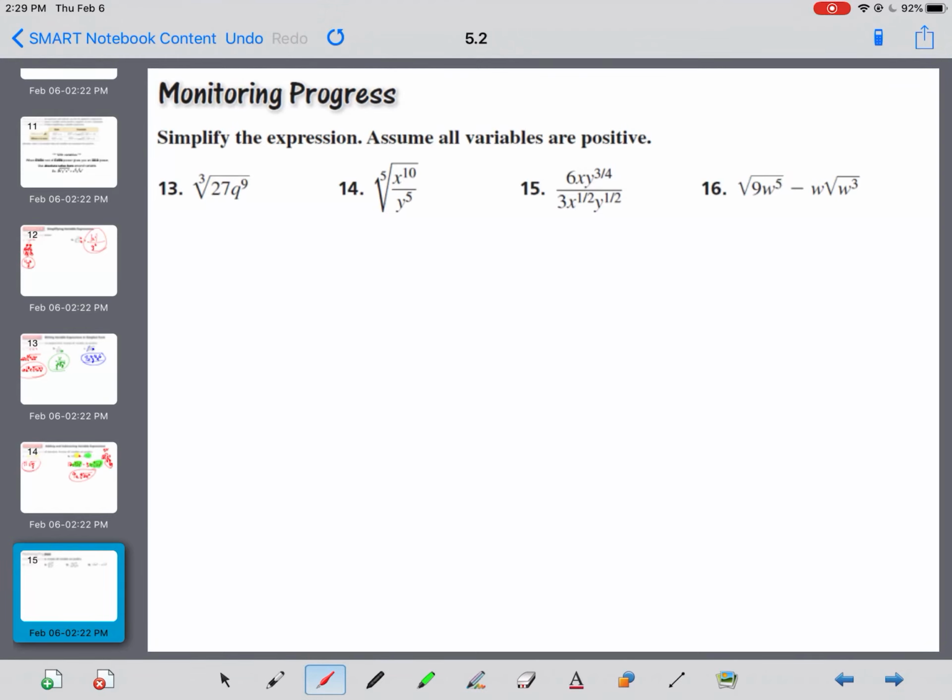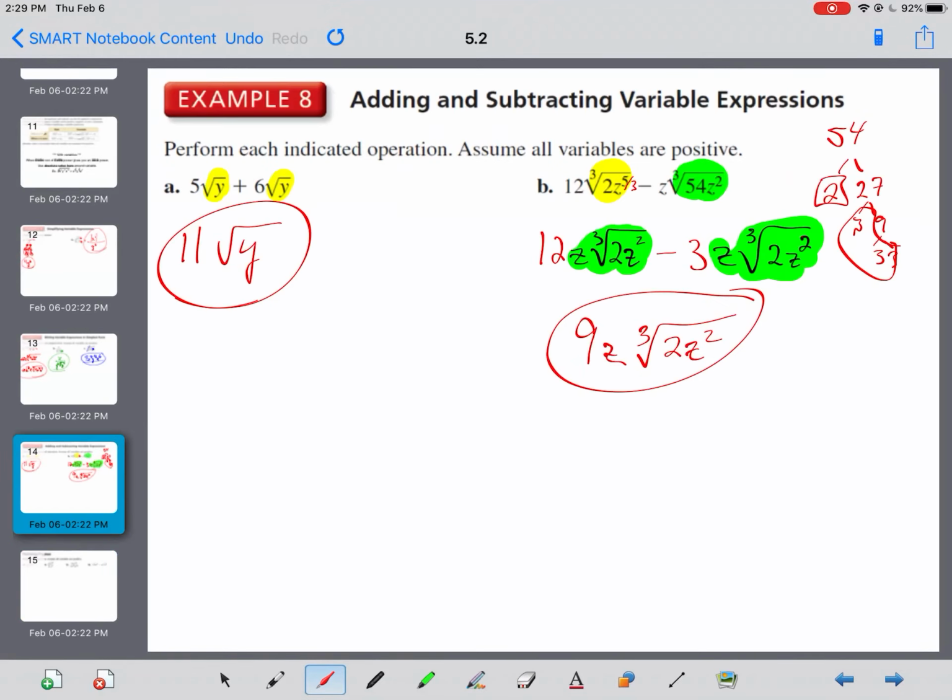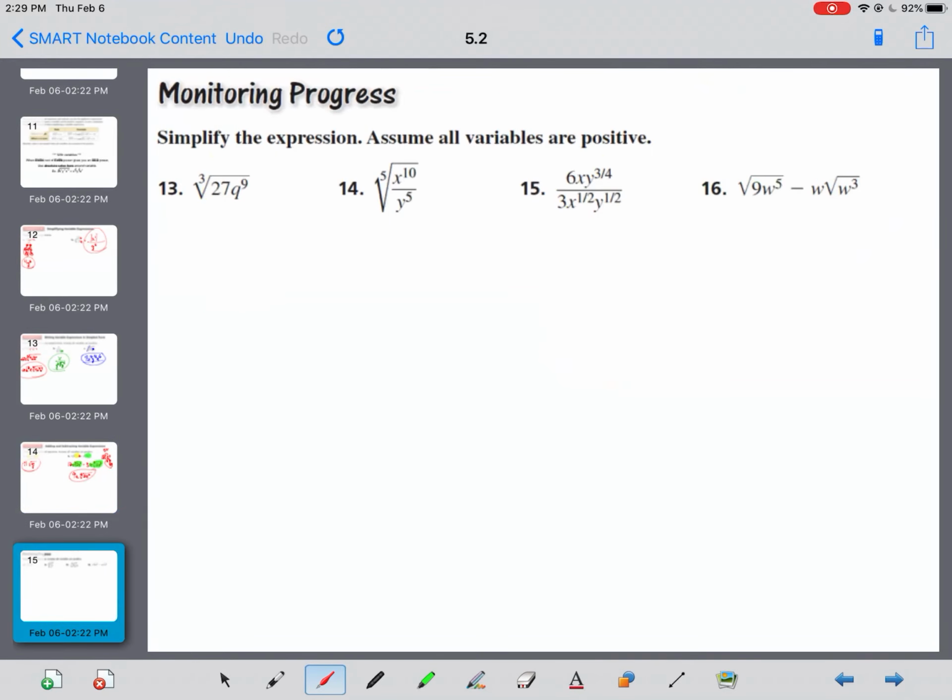Okay, 4 to simplify. Be careful with, double check the ones we did back here. Nope, no even roots, so we're good. Be careful of even rooting something and having to get an odd, even odding. Be careful of that. So try 13, 14, 15, 16. Pause, come back, see what the answer is.